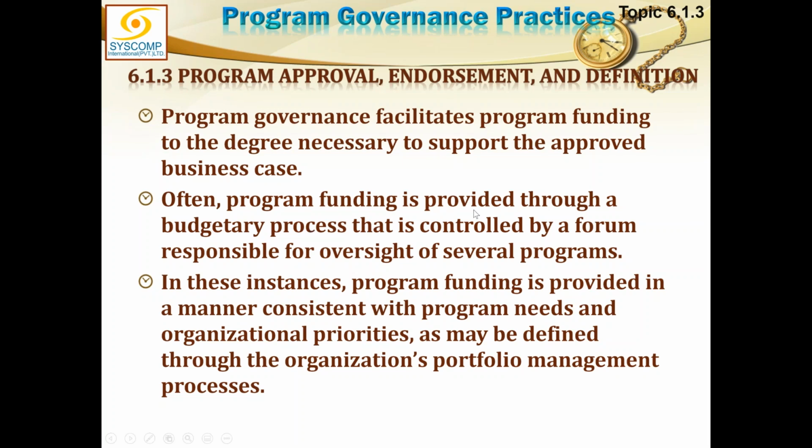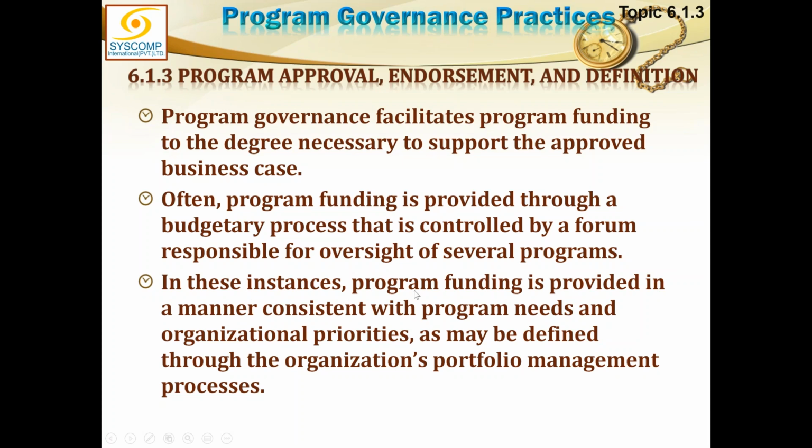Often, program funding is provided through a budgetary process that is controlled by a forum responsible for oversight of several programs. So that means either it is the program or the financial portfolio people or the finance people who are actually giving you this funding.